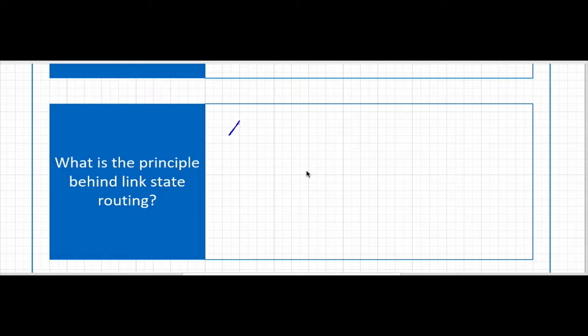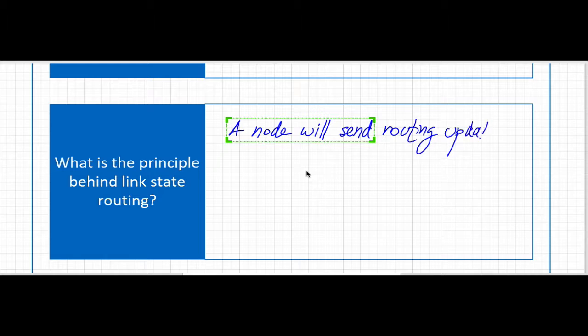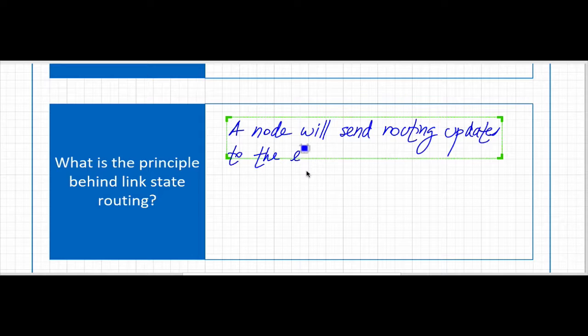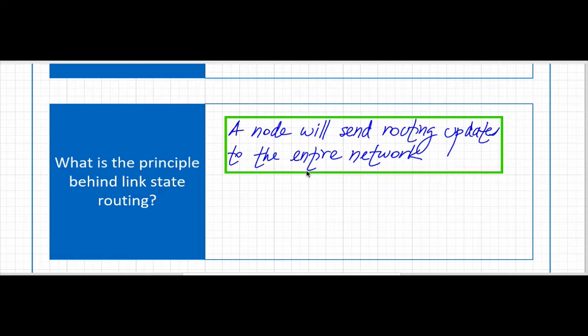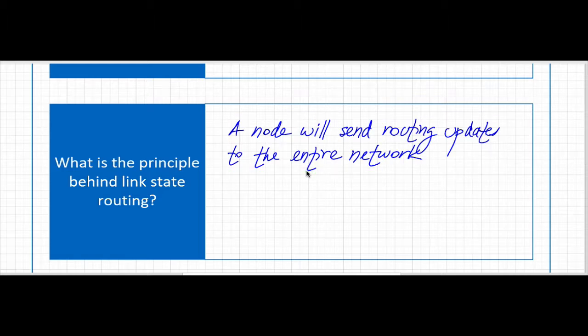In this case, a node will send routing updates to the entire network. So that's a huge difference between these two. One is only going to be sending updates to its neighbors, and now it's to the entire network.